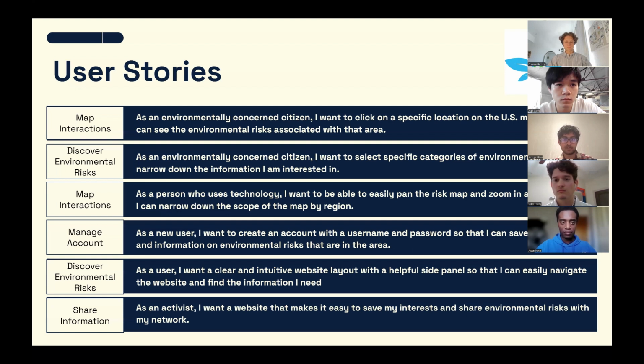Can I break it down into further smaller categories? Is there an advanced filtering option? And the acceptance criteria would be, yes, there is this element of filtering that I can do and specific data that I can access through clicking the map and opening these locations. Those would be two examples of the user stories and how we're approaching them and integrating them into the core functionalities of the website.